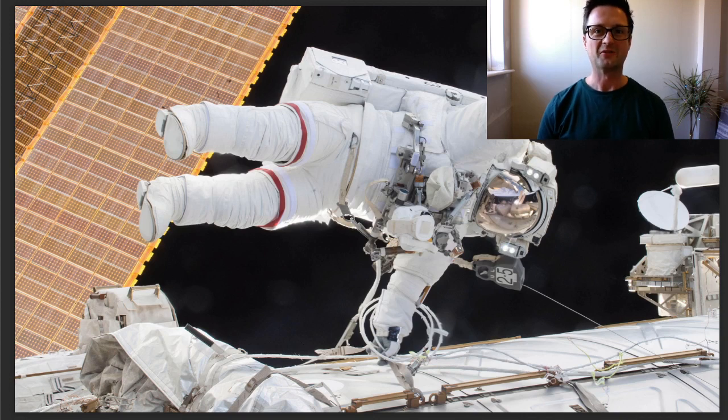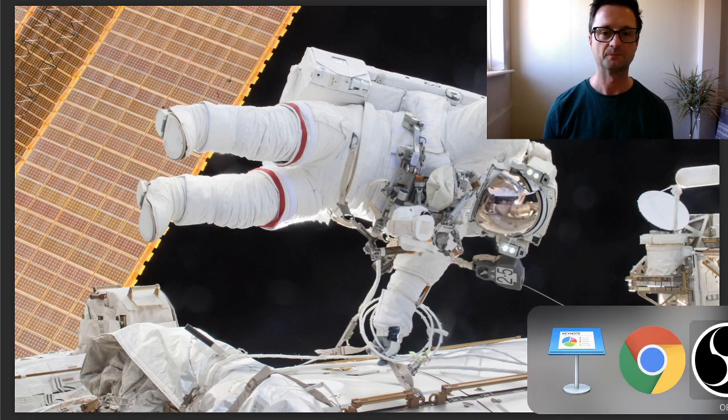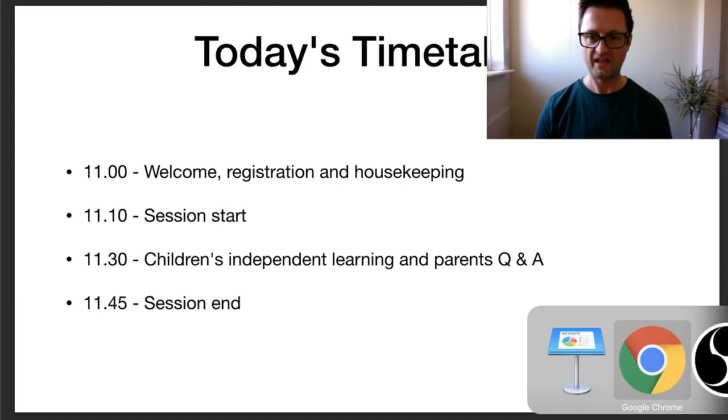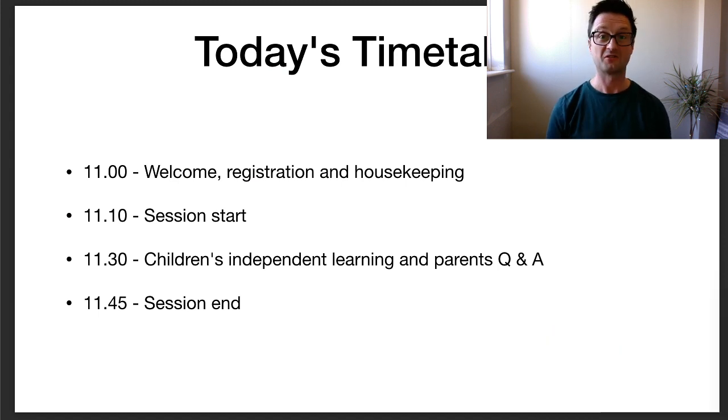So, parents, while our young artists are taking part in our quick startup activity, I'll just tell you a little bit about today's session. This is the way that we're going to run it today, and hopefully future sessions will be similar as well.